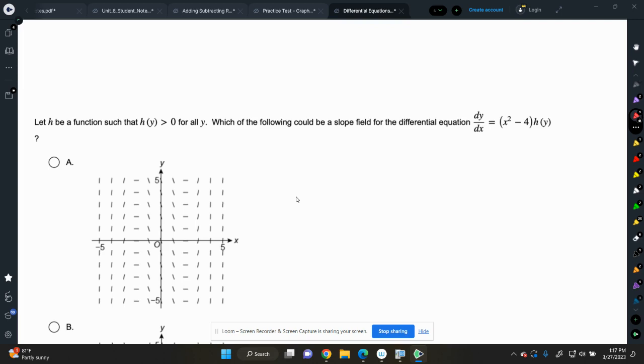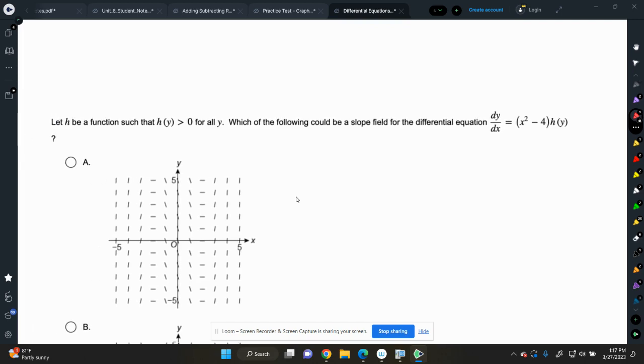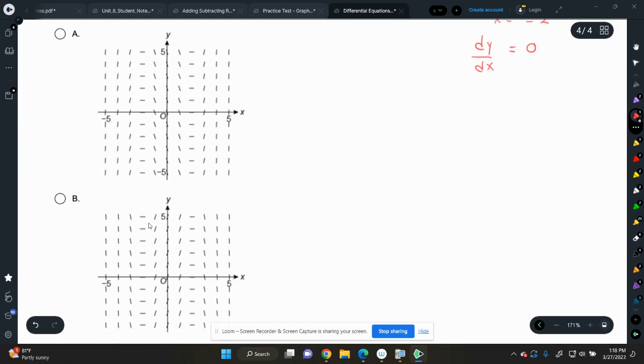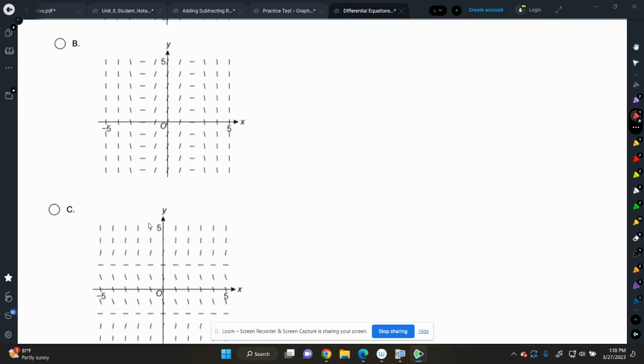Okay. So looking at this differential equation, this is dy/dx, this represents the slopes. What do you notice? When x equals plus or minus 2, what does dy/dx equal? 0. Okay, so when x equals plus or minus 2, A is a possibility, B is possible.